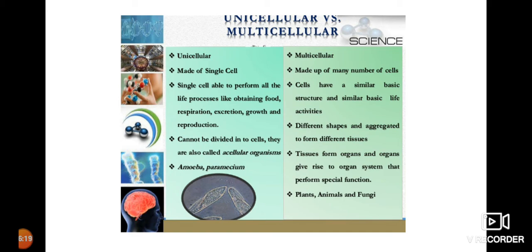But in multicellular organisms, there is a differentiation, like cells will aggregate to form tissues, tissues will be grouped together to form organs, organs will be grouped together to form organ systems, and so on. Unicellular organism examples are amoeba and paramecium, very commonly found, and multicellular organisms include plants, animals, and fungi.